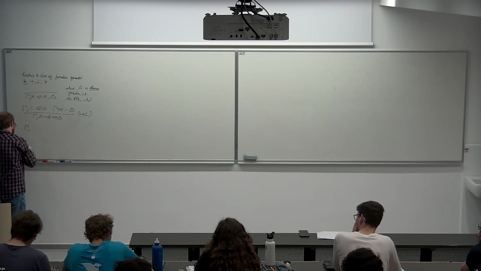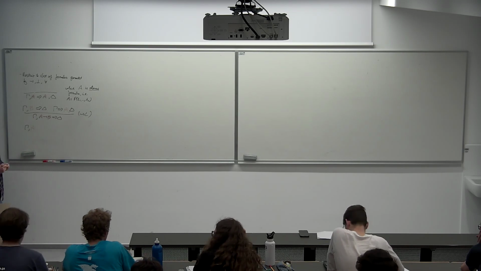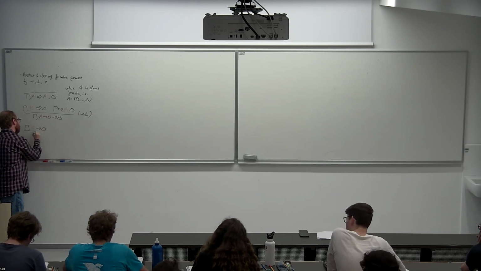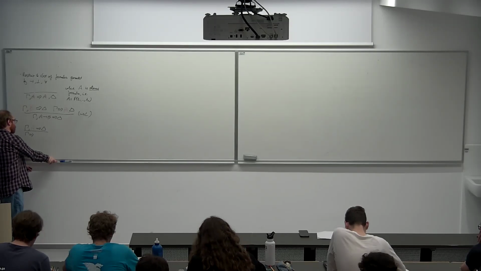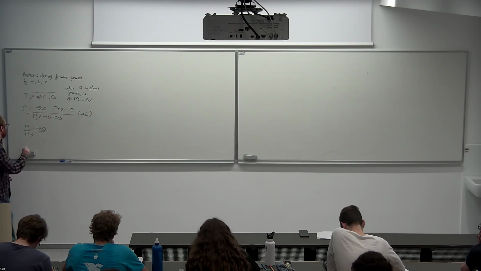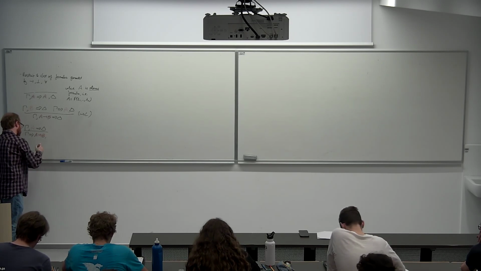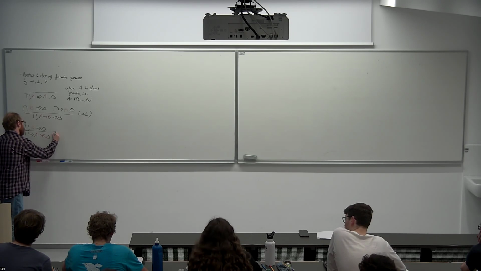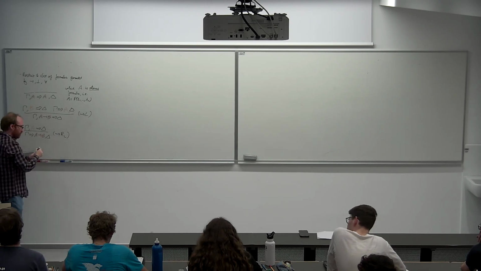The right left rule says that if we have the sequent with A on the left, gamma, A derives delta, then you can derive A implies B on the right here. So this is the right left rule.